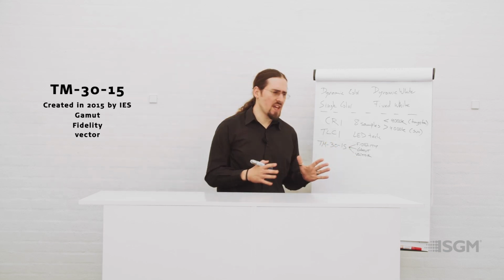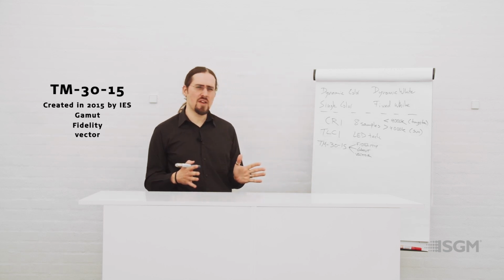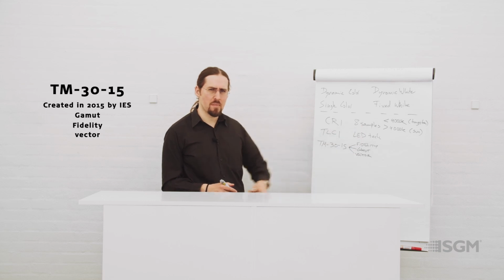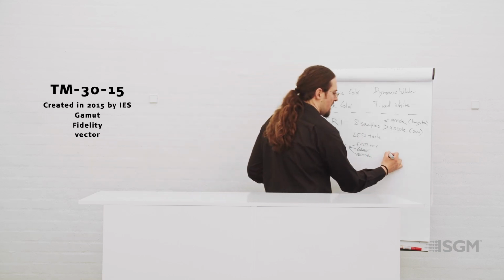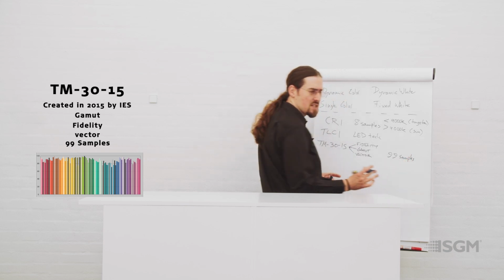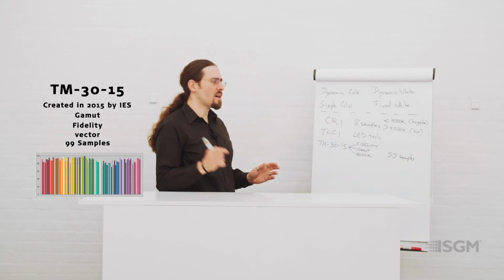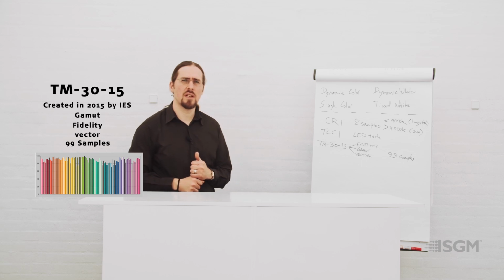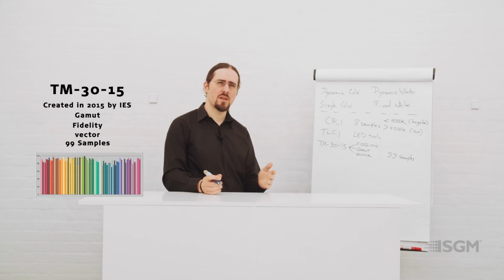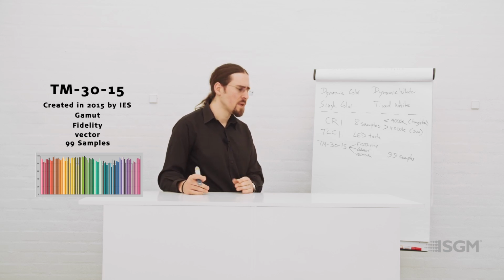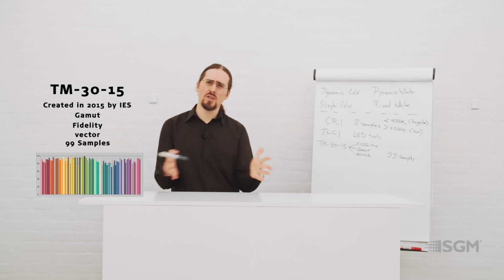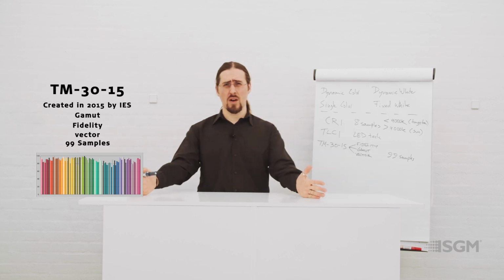The most important thing in the TM30-15, if you compare it with the CRI, is that instead of 8 samples, here you have 99 samples. That is the big difference. Some of you probably remember that there was a never released CRI system, the CRI 96. The idea of having 99 samples is that, of course, you will have a better representation of the colors.